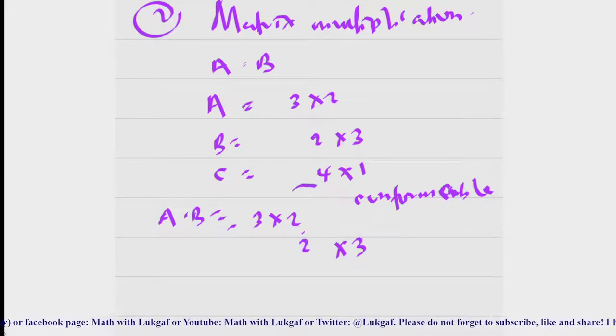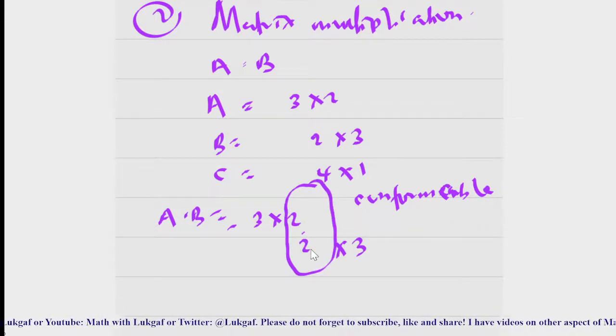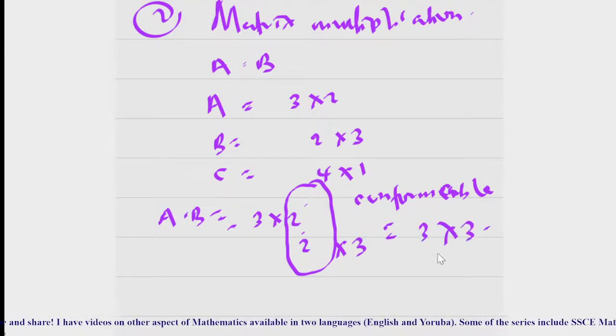If you can establish that the column of the first matrix is the same as the row of the second matrix, then they are conformable. Indeed, you can multiply them together, and the multiplication gives rise to a matrix of order 3 by 3.